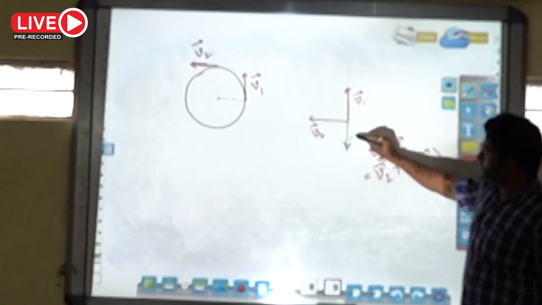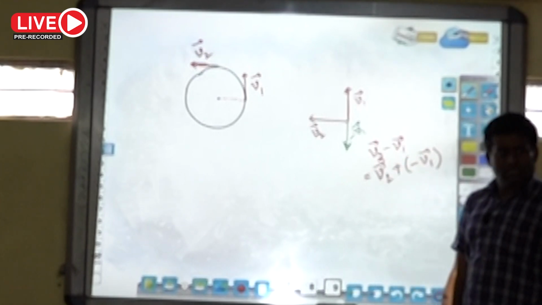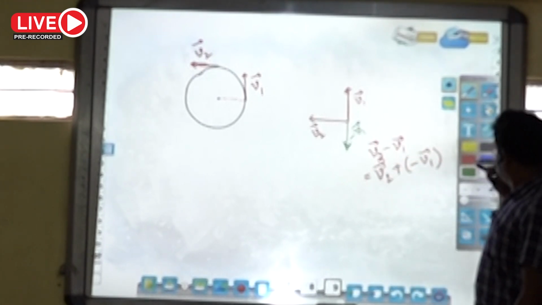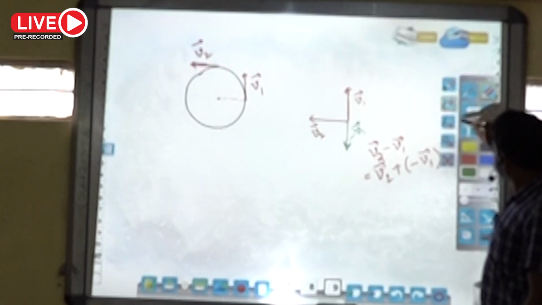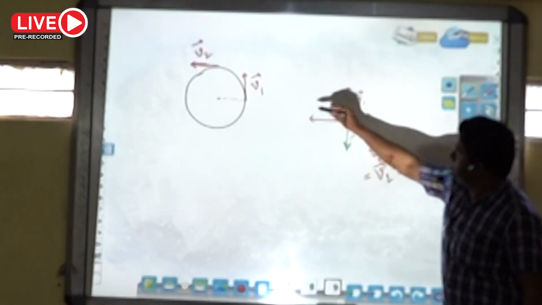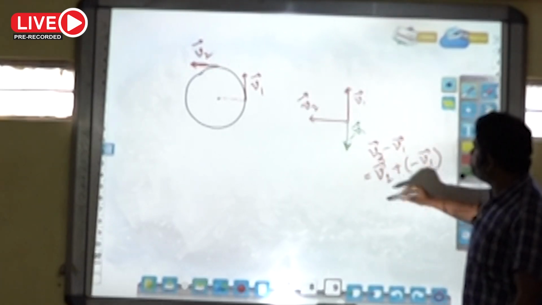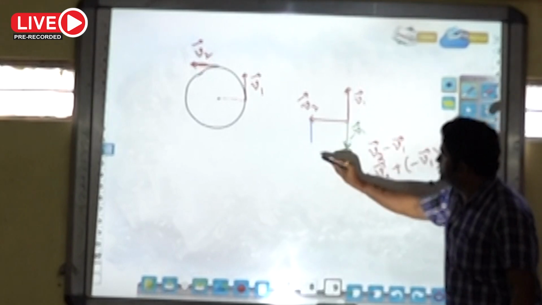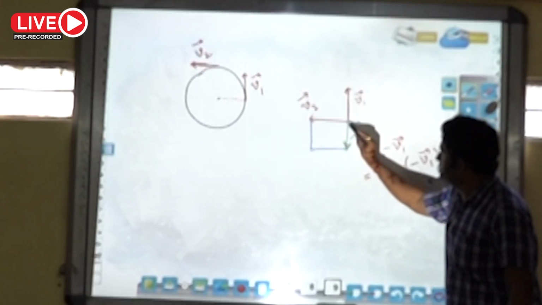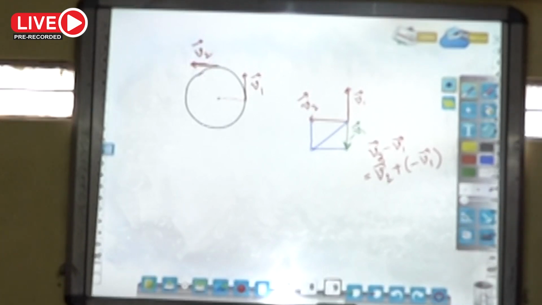This is denoted as minus v1. Then resultant of these two we have to calculate.